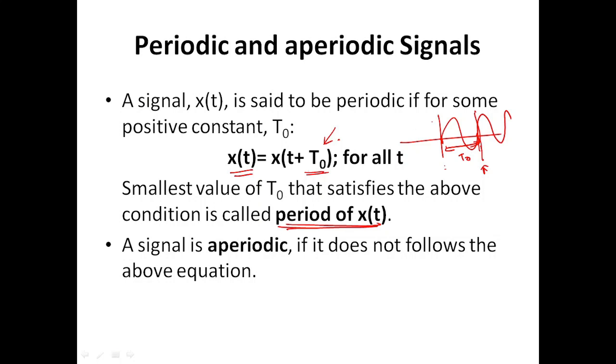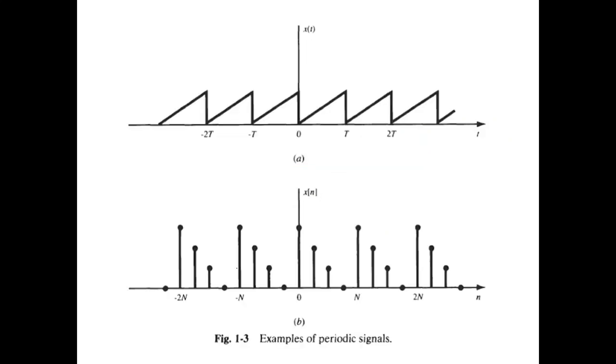Similarly, the same thing will happen if you go to the negative time axis. Then any signal which is not following this equation is an aperiodic signal. So this is an example of a periodic signal, in the continuous time domain and the discrete time domain.